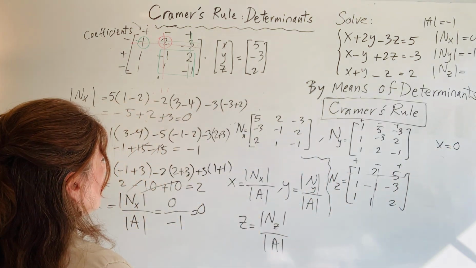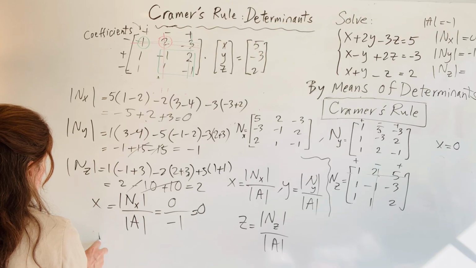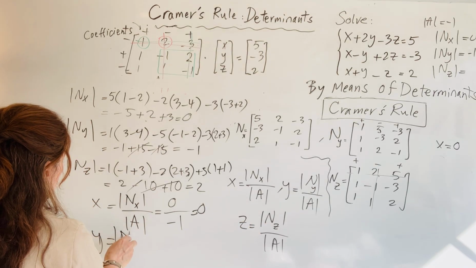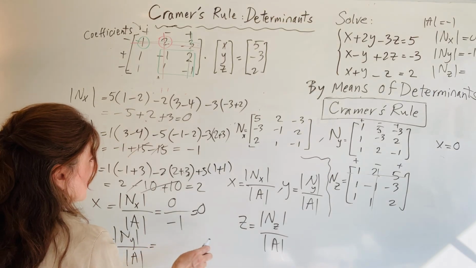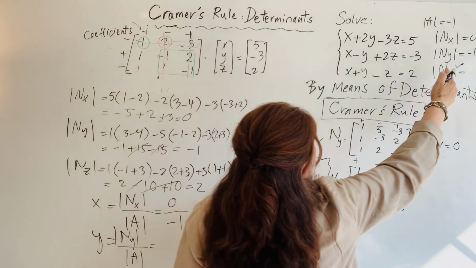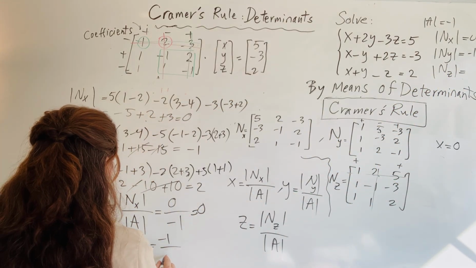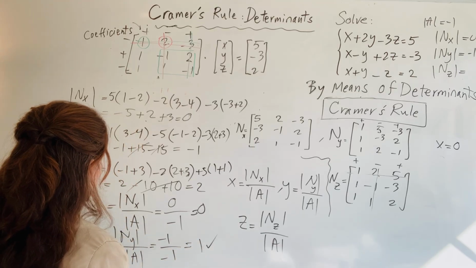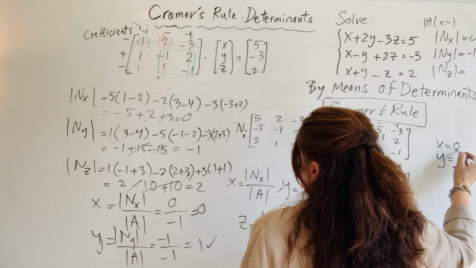How about Y? Y is equal to the determinant of N of Y over A. N of Y is -1, over -1 gets 1. So far, so good. Y is 1.